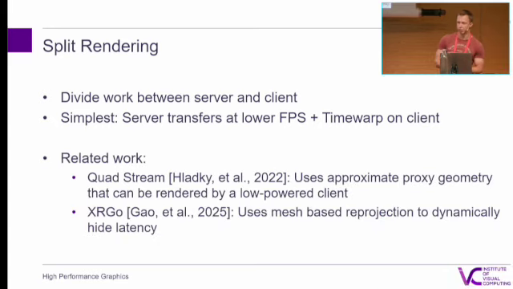That's why recent works have tried to come up with better strategies, like QuadStream by Radl et al., which uses an approximate proxy geometry that can more easily be rendered by a low-power client, or works like XR-Go from Gao et al., which use a mesh-based reprojection to dynamically hide the latency.